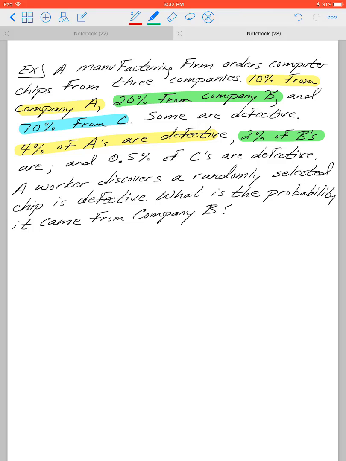So we have chips coming from different places and different amounts, and sometimes some are more defective than others. So a worker discovers a randomly selected chip is defective. So we already know defective. What is the probability it came from company B?